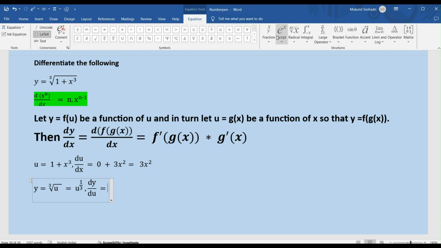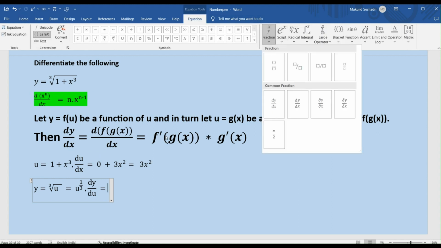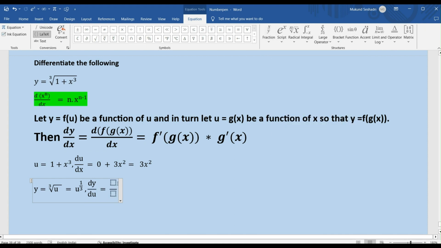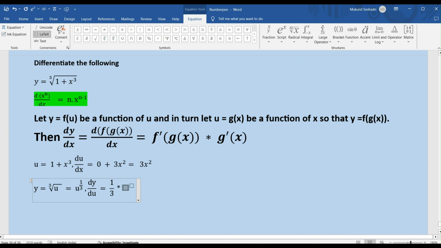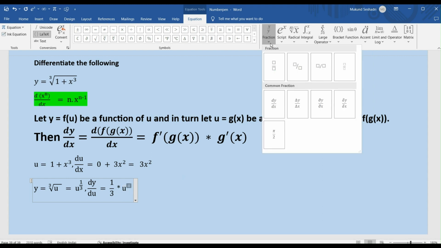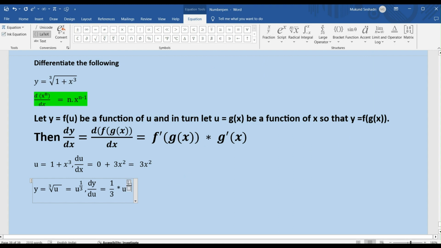So what is my n out here? My n is nothing but 1 by 3, right? So I write it as 1 by 3 into u to the power, what is my power now? n minus 1 becomes 1 by 3 minus 1.